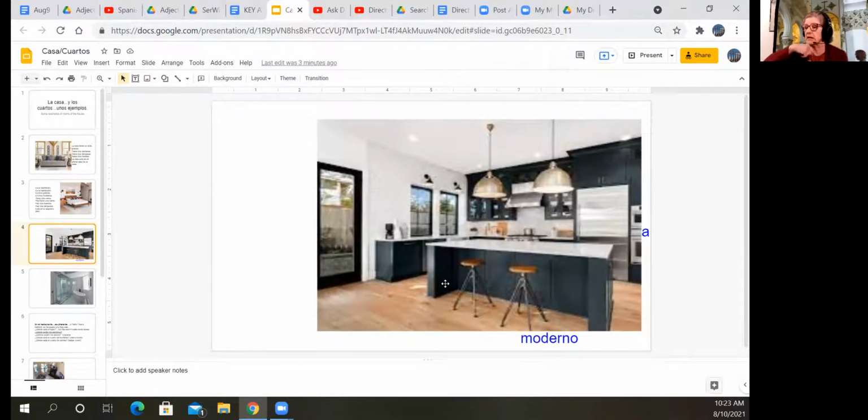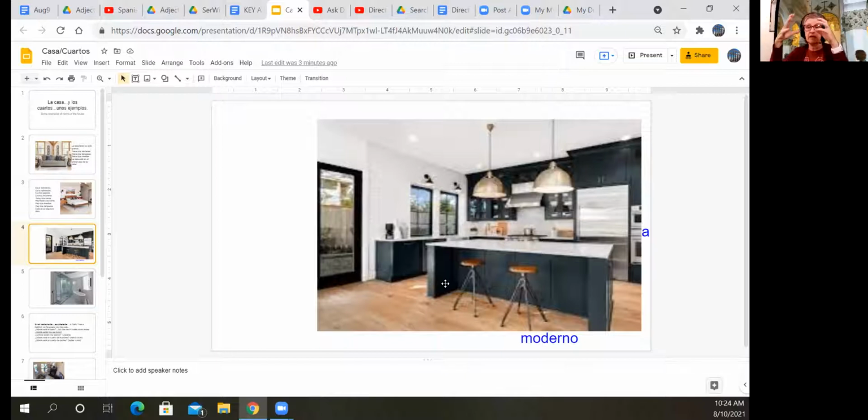Para comer, to eat, sí. ¿Cuáles son los colores de la cocina? What are the colors? Like main colors. And there's a couple color themes in this. Gris. Gris o negra, sí, y blanca, sí, bien.